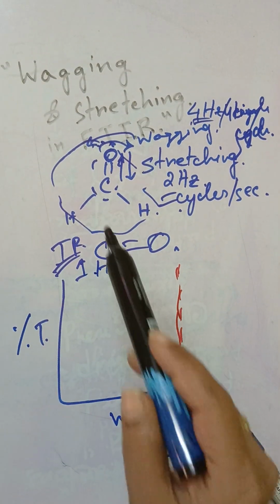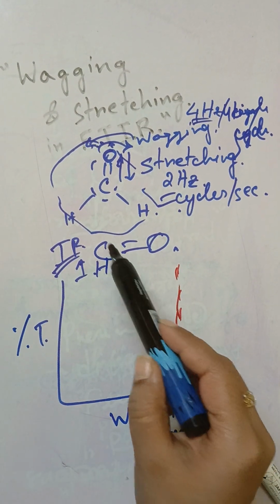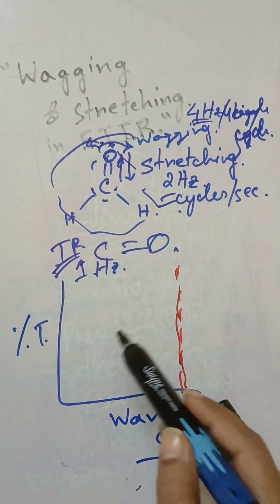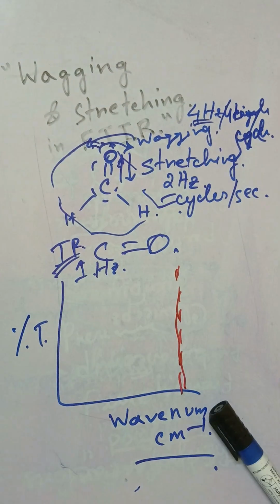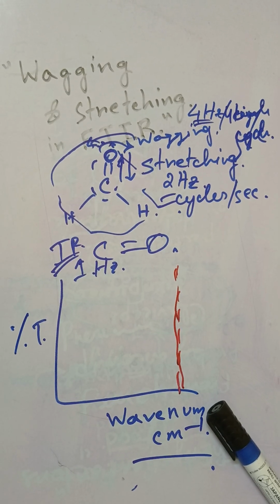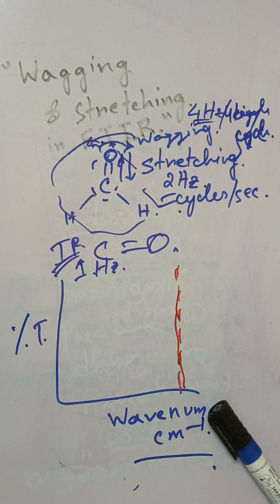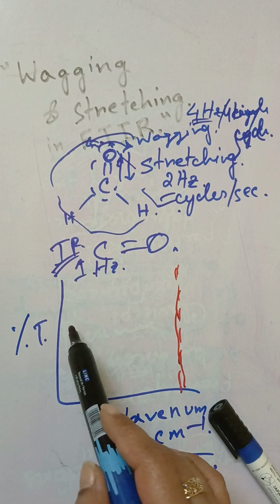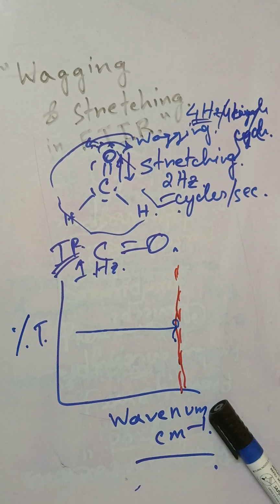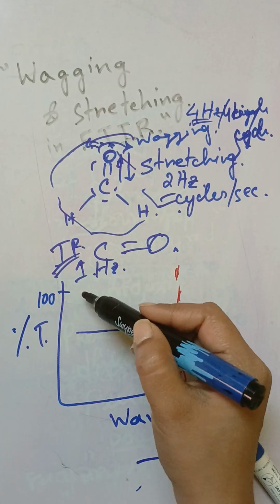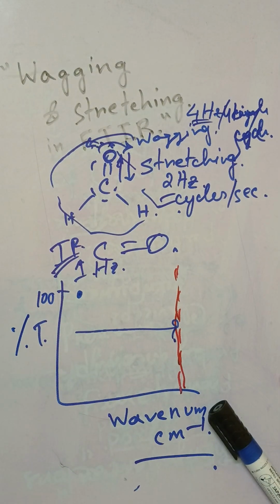Suppose the IR source has 1 hertz frequency and hits this compound. Obviously this molecule will not absorb even a little of the infrared ray, so all the energy will be transmitted to the detector. So percent transmittance will be 100 at this time.